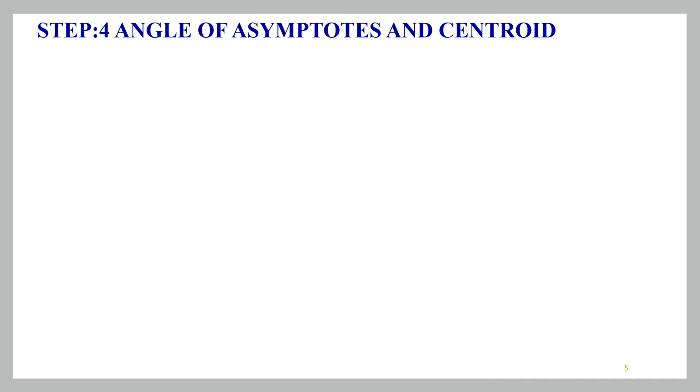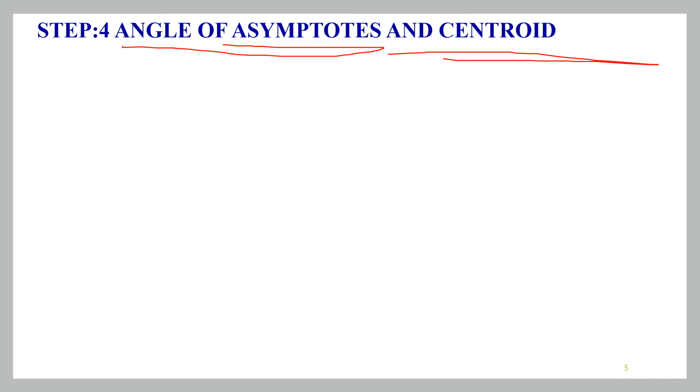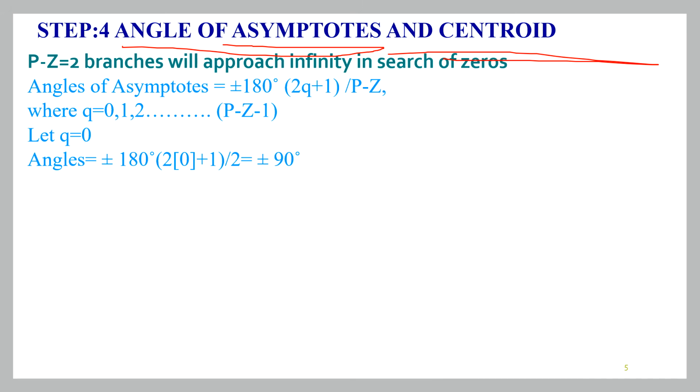How many branches are approaching infinity? We got the information from the previous slide: 2 branches will approach infinity and 1 branch will end at the zero. So it is sufficient to calculate 2 asymptotes, and the meeting point of asymptotes on the real axis is nothing but the centroid. Let us see the formula of asymptote and centroid. The asymptote angle is ±180° (2q + 1) / (P - Z).